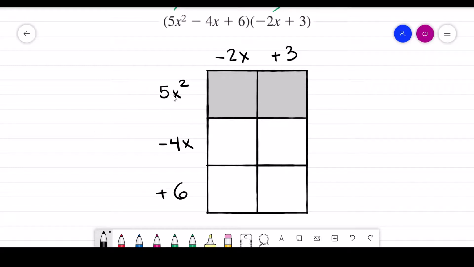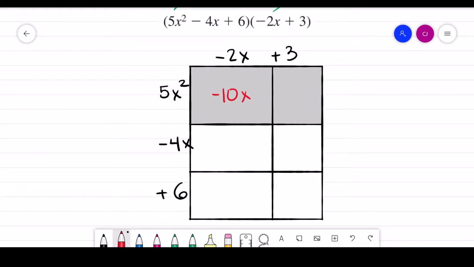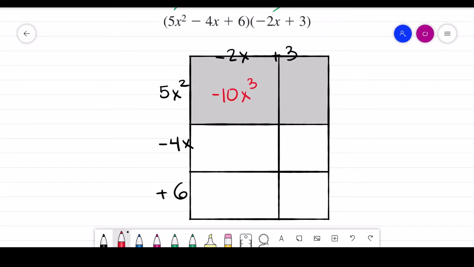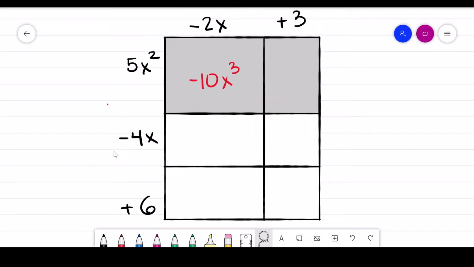So for the first box, I have 5x squared times negative 2x, which is going to give me negative 10x to the third power. Then I'm going to multiply negative 4x times negative 2x.